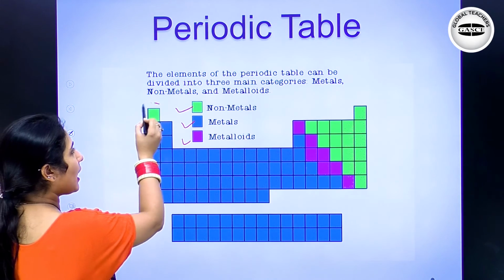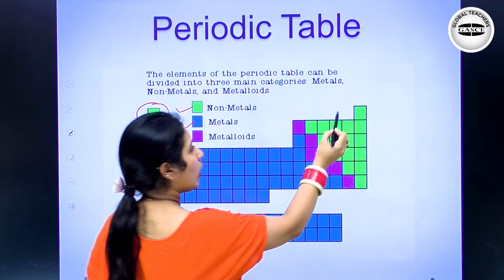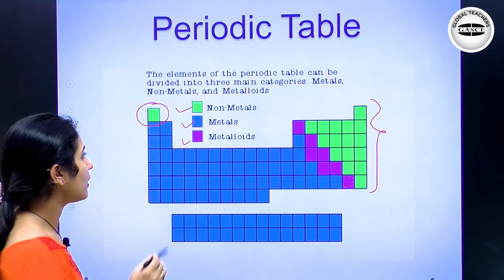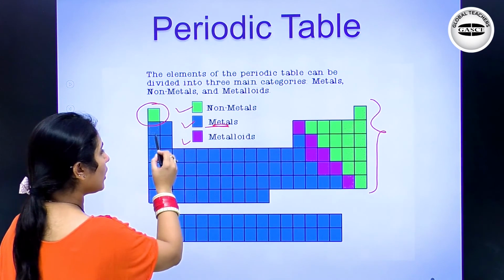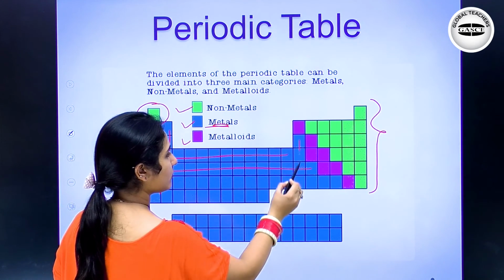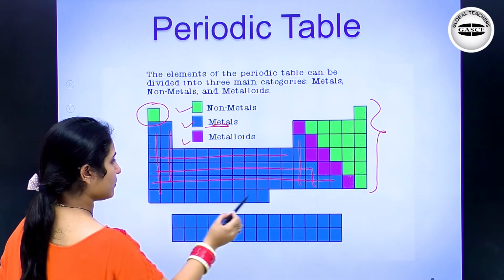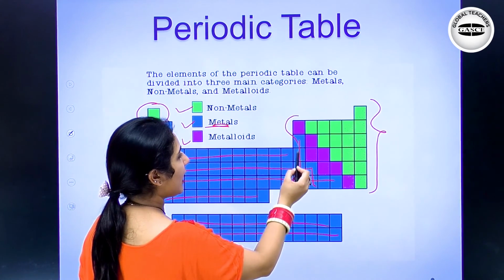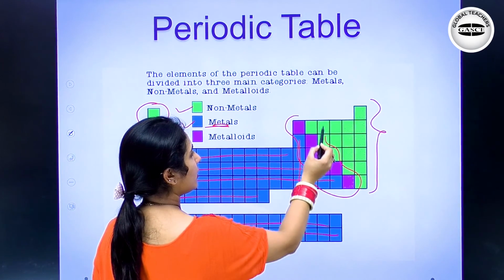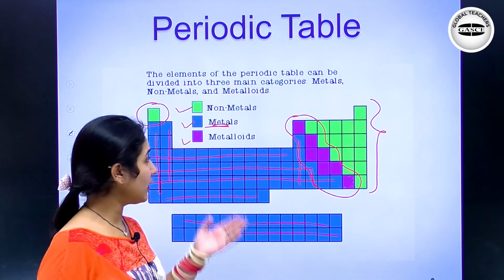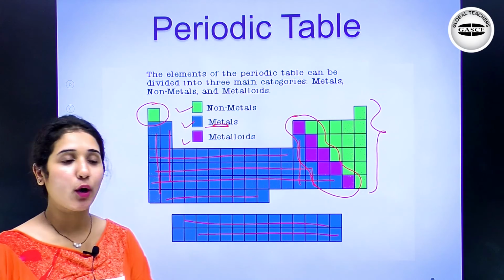Like non-metals, this whole green part is your non-metallic part. This blue color shows all the metals. These are metals, and this zigzag portion is metalloid. I'll further be explaining what the term metalloid means.